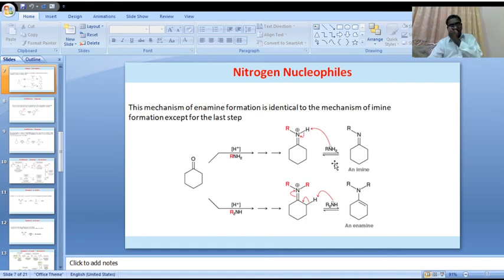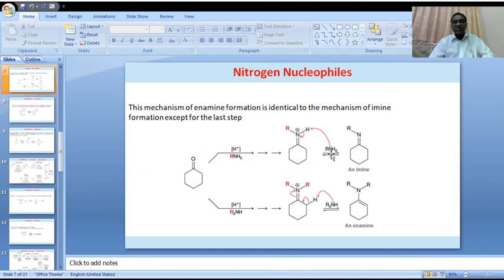Only the last step is different. The remaining steps in the middle are all identical.